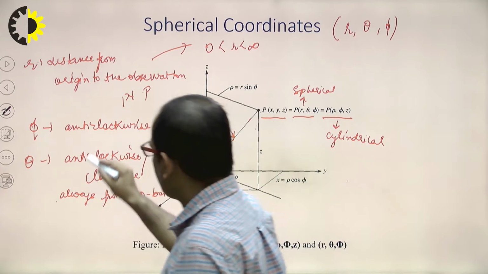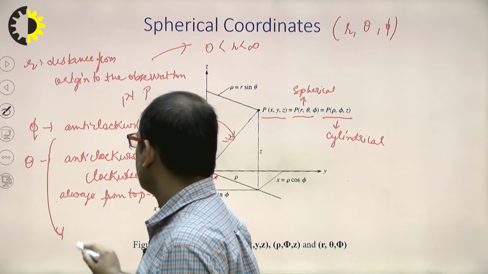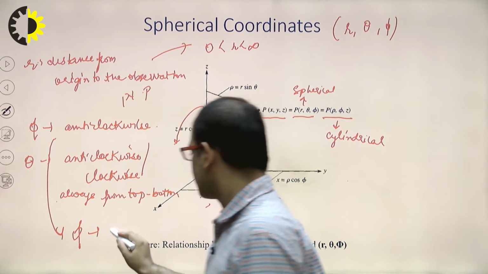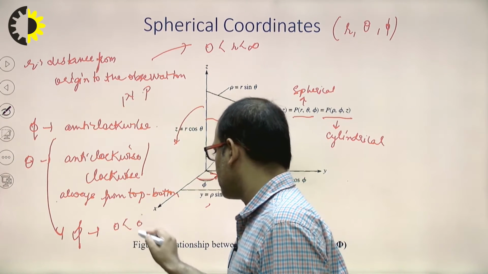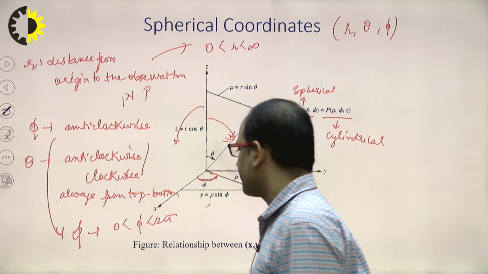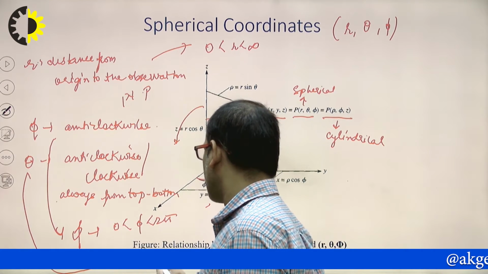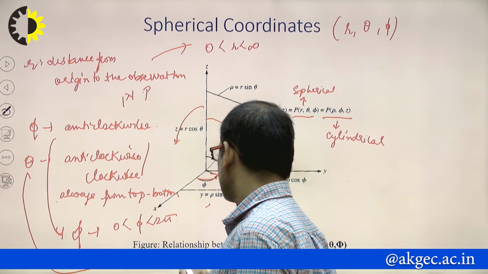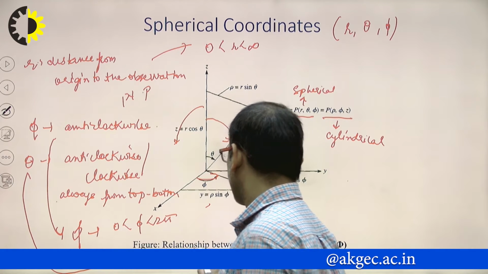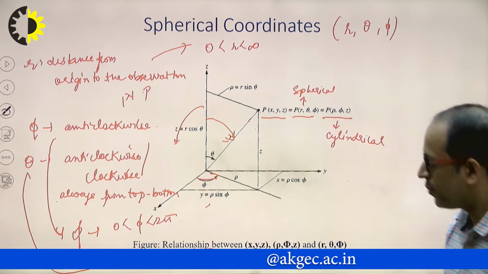Now the range of r can vary from 0 to infinity, phi ranges from 0 to 2 pi and theta ranges from 0 to pi.